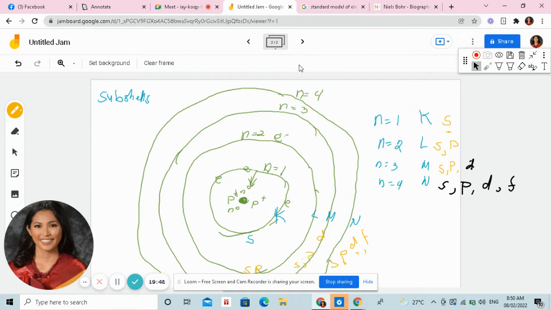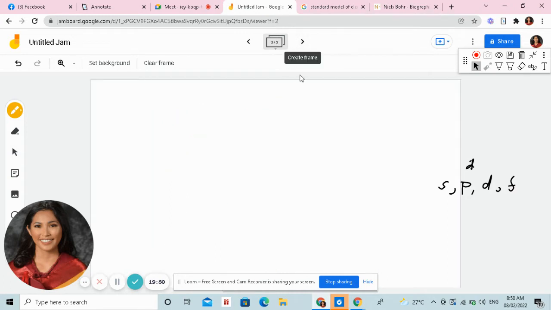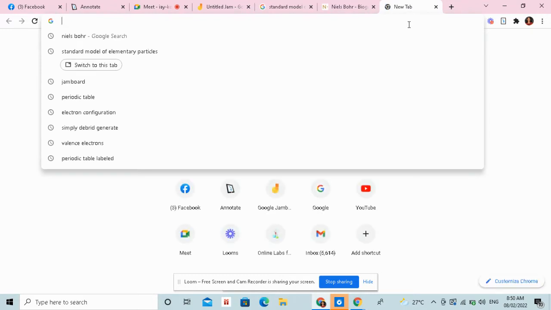Then we also have what we call orbitals. Orbitals are regions of subshells where we can find electrons the most. So an orbital is not an electron, but it's the location of your electrons.